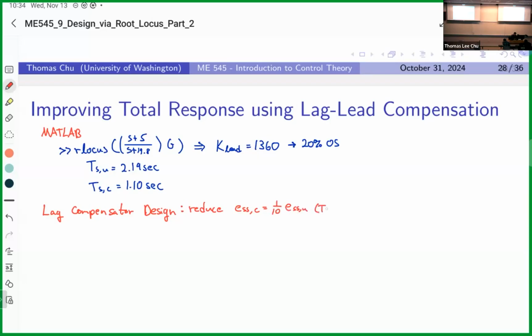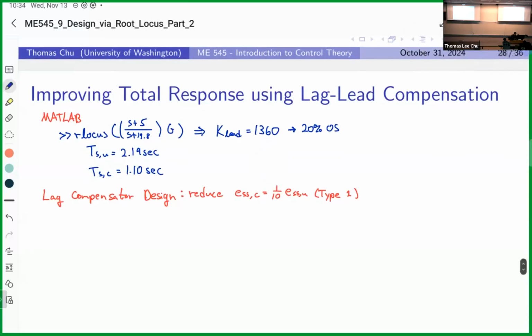And this is a type 1 system, so it's going to be the error for a ramp input. Now, by adding a lead compensator and having some gain, we have changed the steady state error of the uncompensated system already. It's likely going to be smaller.